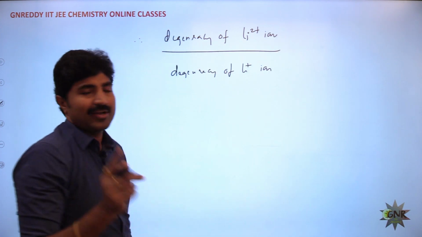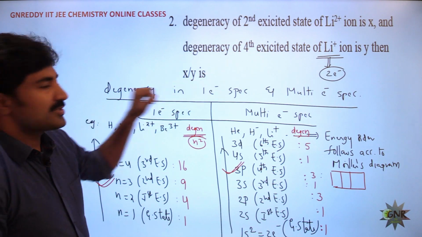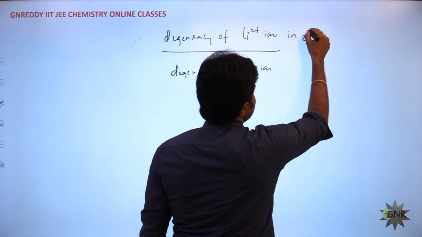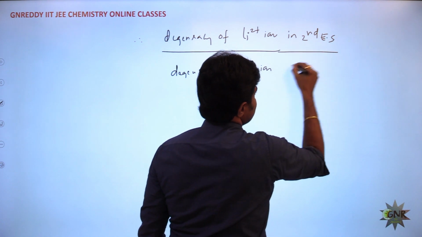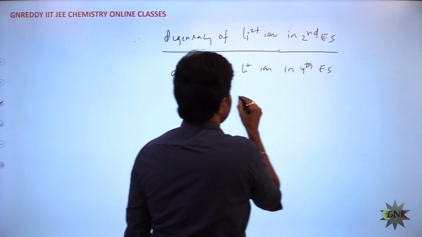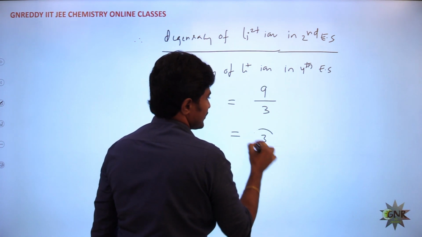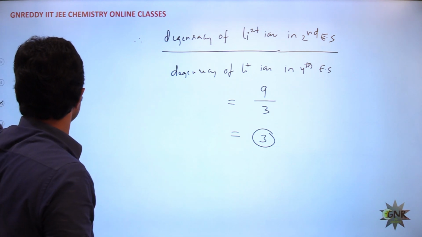Here for Li2 plus they asked the second excited state, whereas for Li plus the fourth excited state. So what about this one? This is 9 and this is 3 now, so that ratio is 3. So this is one important model from atomic structure.